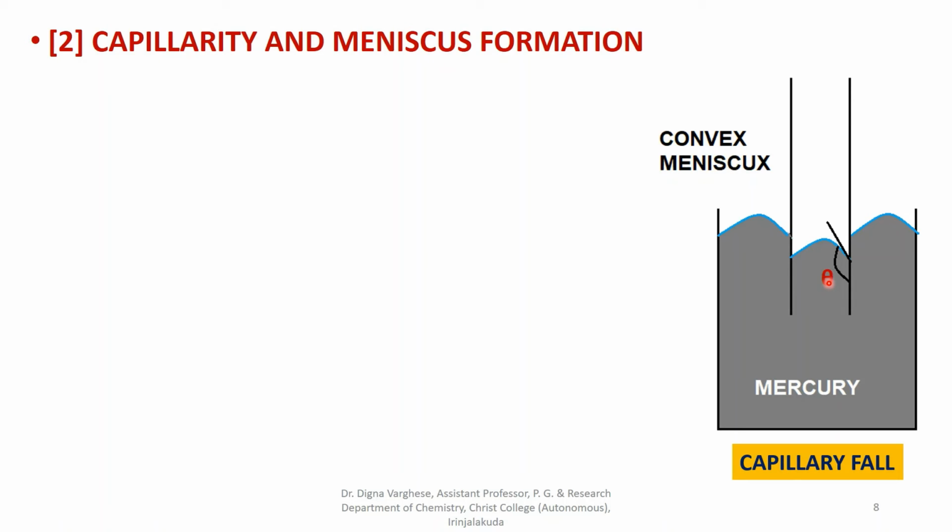So a glass tube is placed in a beaker containing mercury. The mercury level in the tube drops below that in the dish. You can see this, the level of mercury in the beaker and also the level of mercury in the capillary tube.